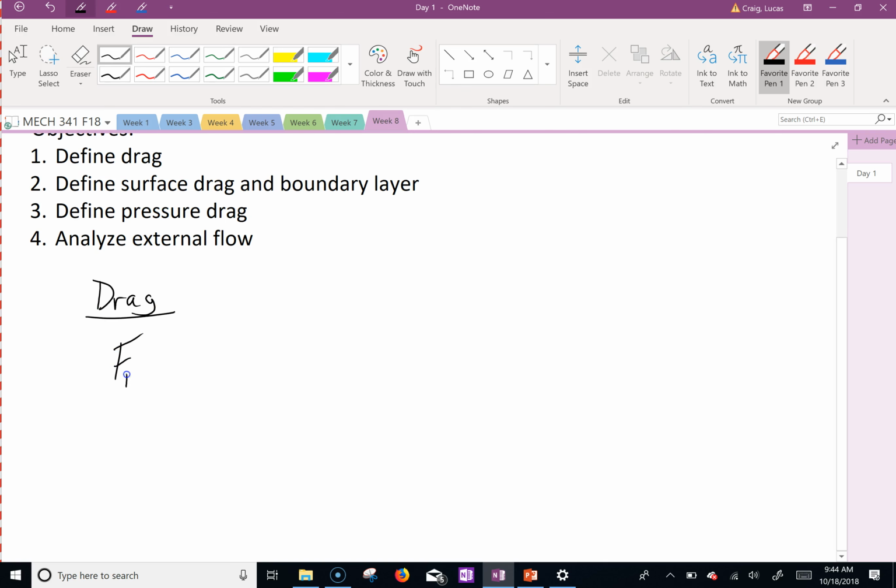The drag force for us is 1/2 rho v squared CD times A. And this is for Reynolds number much greater than 1.